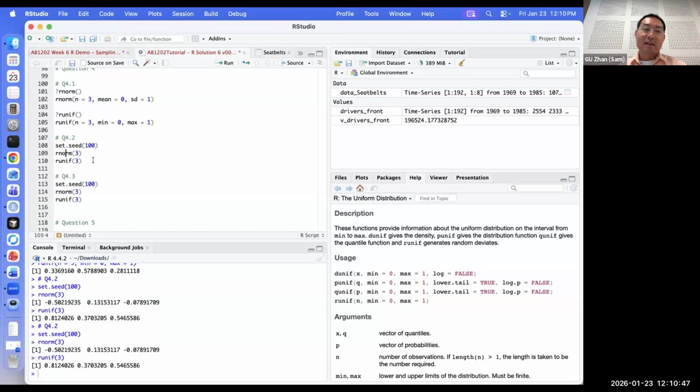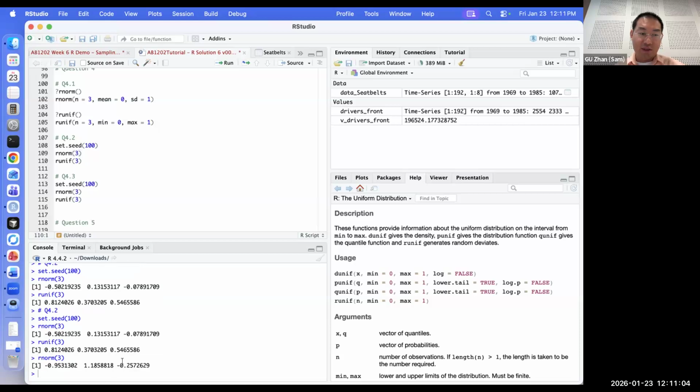Then rnorm consumes the first 3 fixed random numbers from this long list and uses them to generate 3 samples from a standard normal. Then runif consumes the following 3 distinct random numbers from the long list.